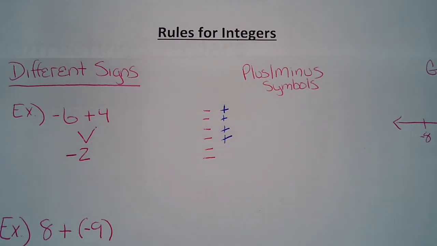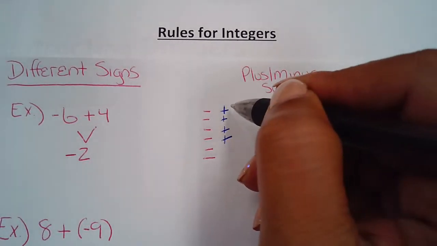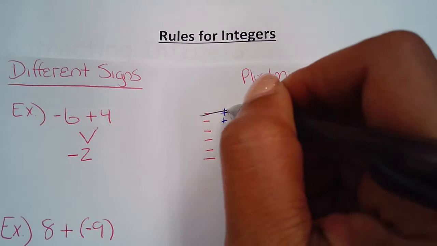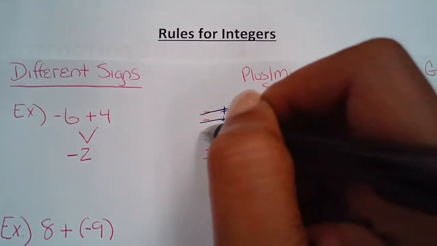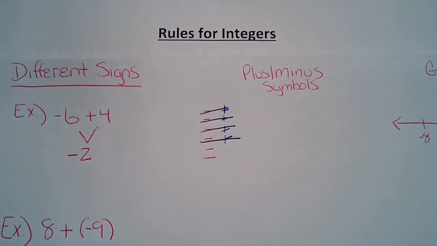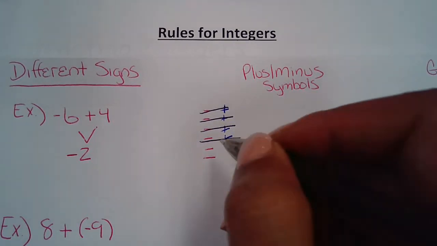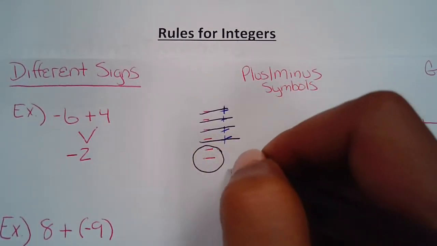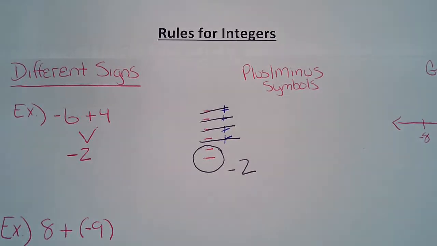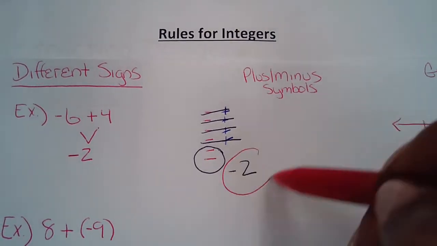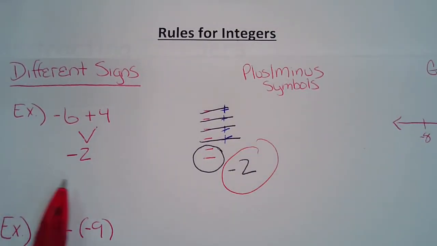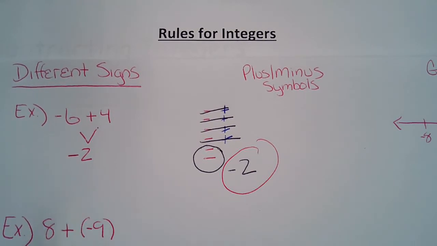So everywhere I have a minus and a plus or a plus and a minus, I'm going to say it cancels out. Cancels, cancels. What am I left with? 2 negatives, which is what we found our answer to be when we applied the rule.